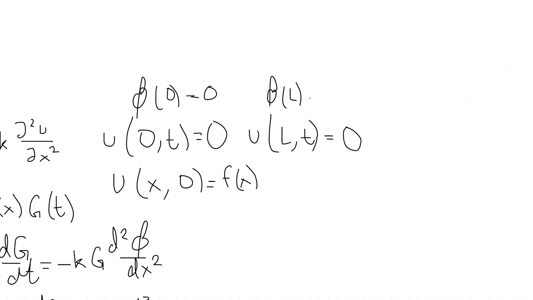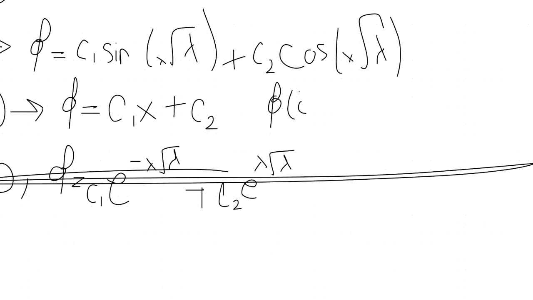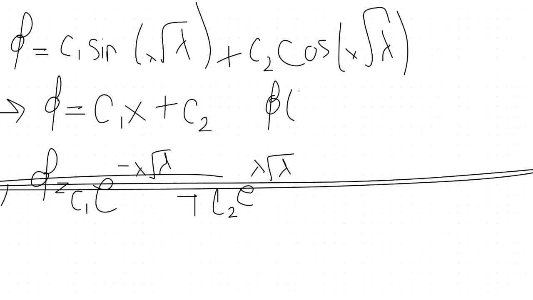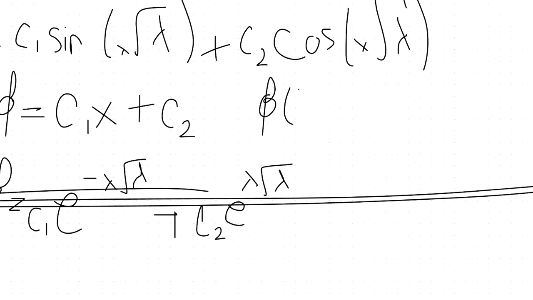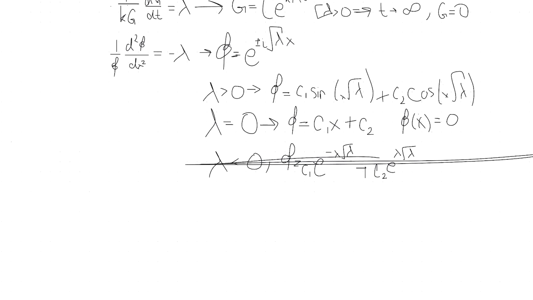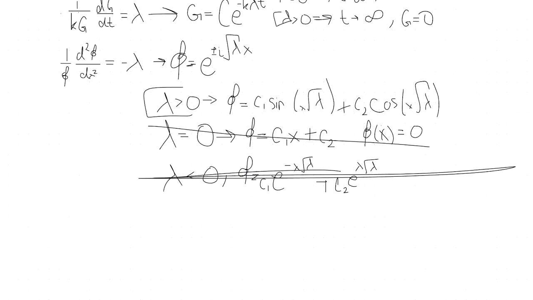And so if we plug these initial values into here, we will get the trivial solution that phi of x equals 0, which we do not want. We want the non-trivial solution. And so we know that lambda has to be greater than 0, and that this has to be the form of our space-dependent portion of our equation.